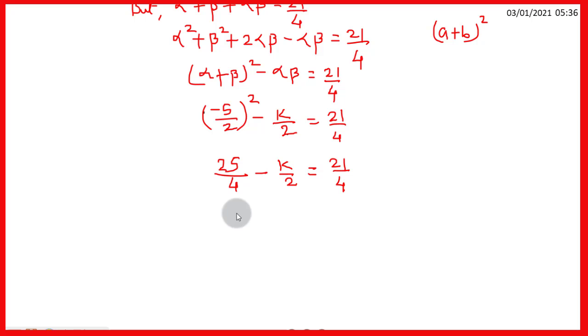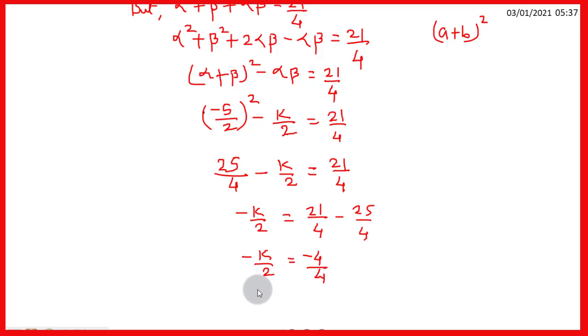And so it will be minus k by 2 that is equal to 21/4 minus 25/4, and so minus k upon 2 that is equal to 21 minus 25 upon 4, that will be minus 4 upon 4.